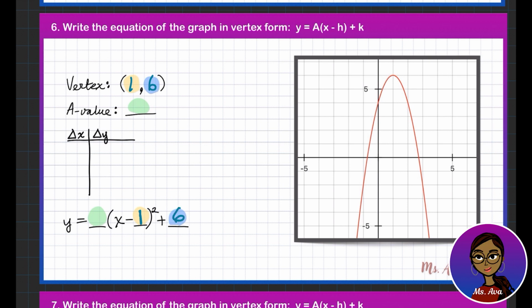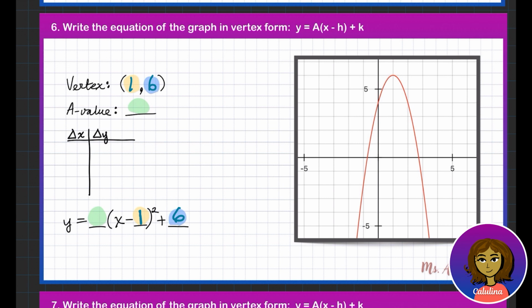Okay, good. So I color coded it for you guys just to kind of start with, but obviously that's not what you have normally. But hopefully this just helps you build the habit or the pattern of knowing where to look and where to put what. Okay, next part. What's the A value?